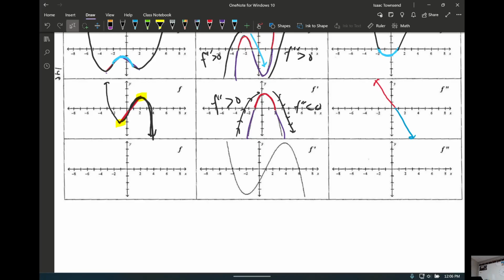The bottom row looks good. I need to see the bottom row, make sure it looks good.